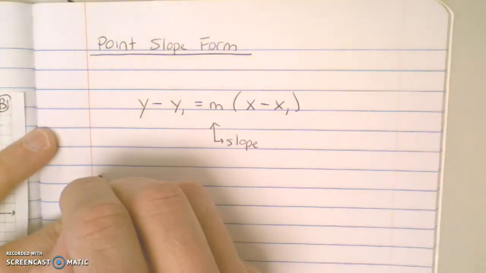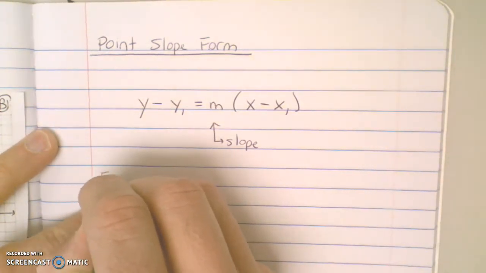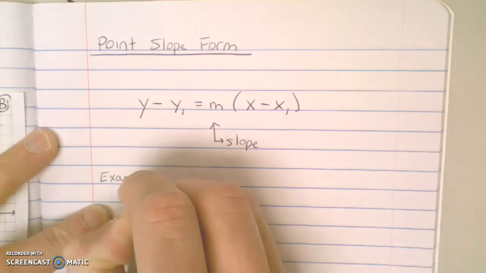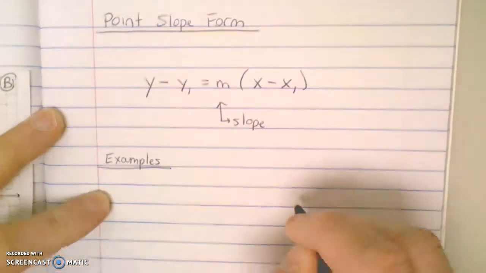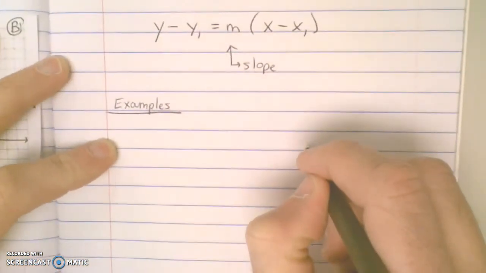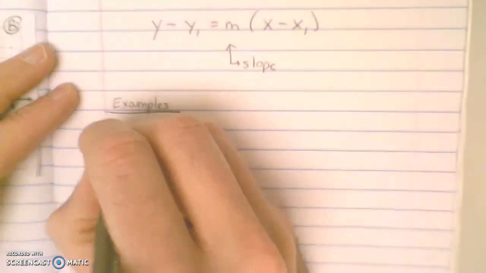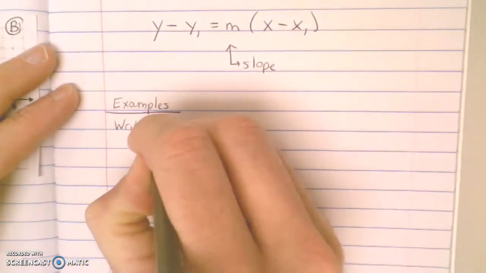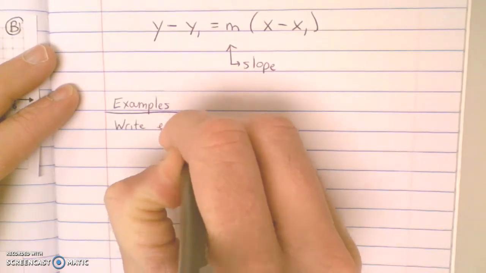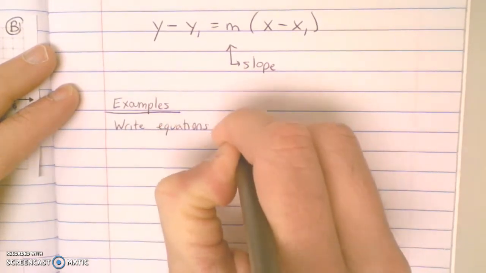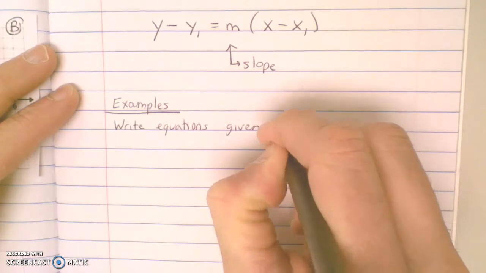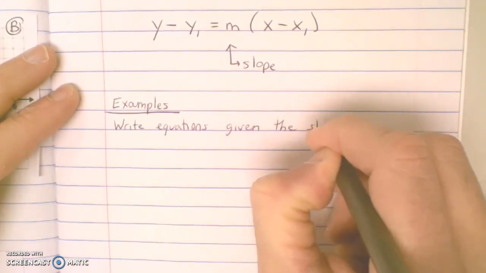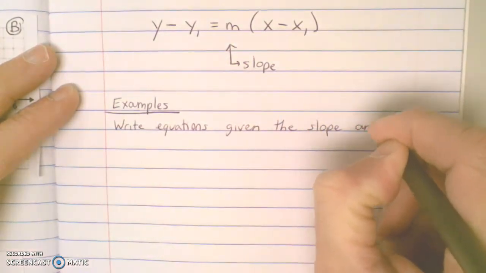So let's look at some examples. We're going to write equations given the slope and a point.